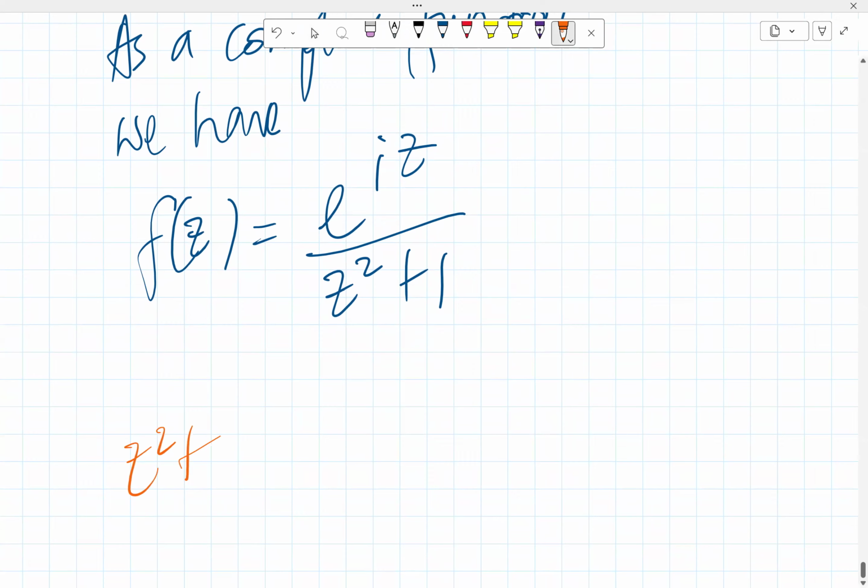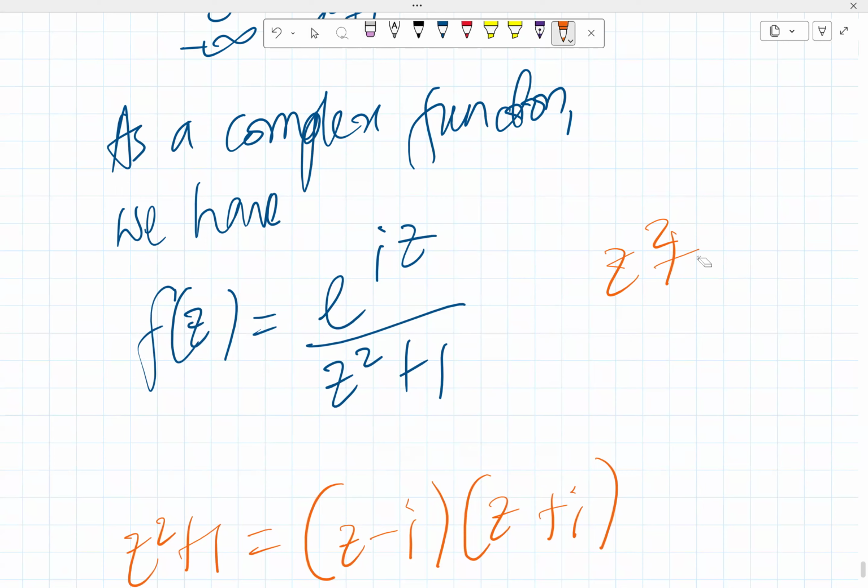z squared plus 1 can be factorized as z minus i into z plus i, because this is a complex thing. So the real deal is you have z squared plus 1 equals 0. So that means z squared is equal to minus 1. So z equals plus or minus the square root of minus 1, so z is plus or minus i.